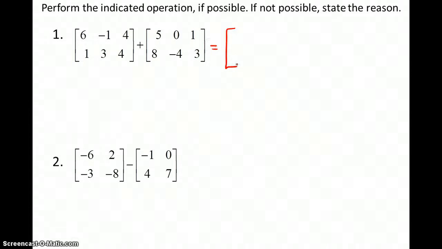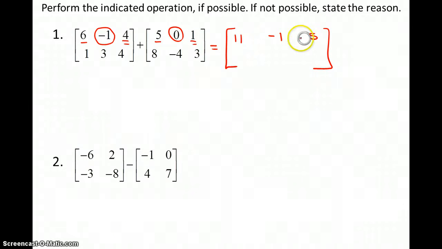To find our result, we'll first add the 6 and the 5 and get 11. Your next step, going from left to right, would be to add -1 plus 0. The result, -1, goes in the same position. Next, you'll have 4 plus 1, which will give me 5.